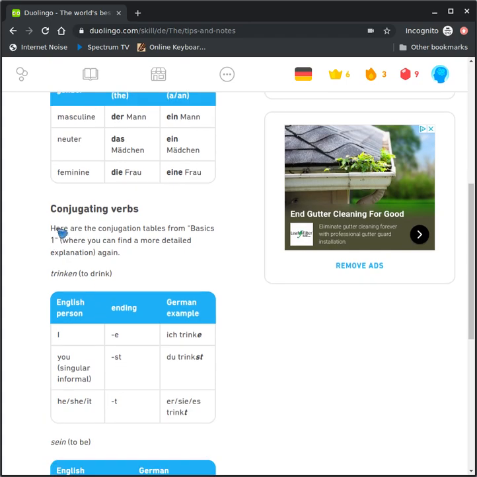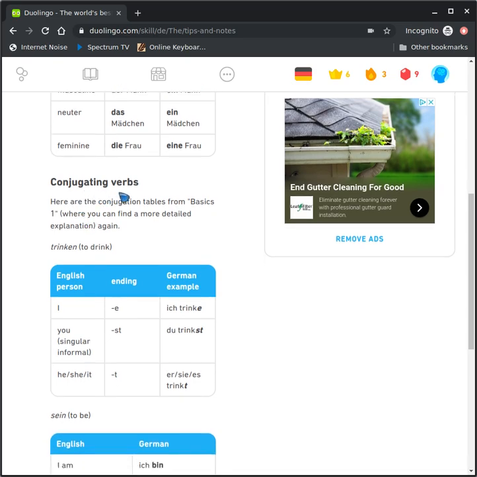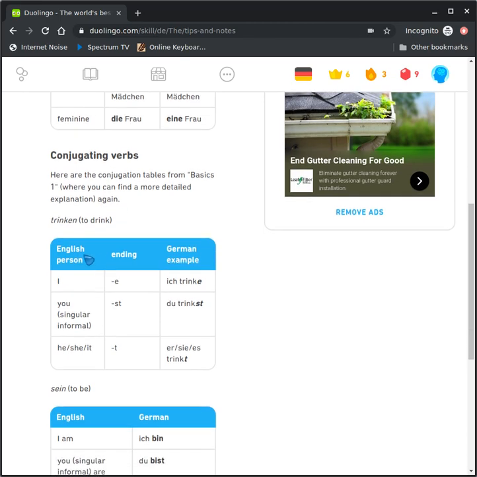And here we go down to conjugation. Now this is going to be very interesting information to use in the future, because we conjugate verbs all the time. Here are the conjugation tables from Basics 1, where you can find a more detailed explanation. Again, trinken, to drink. Here's our heading here. Ending and German example.